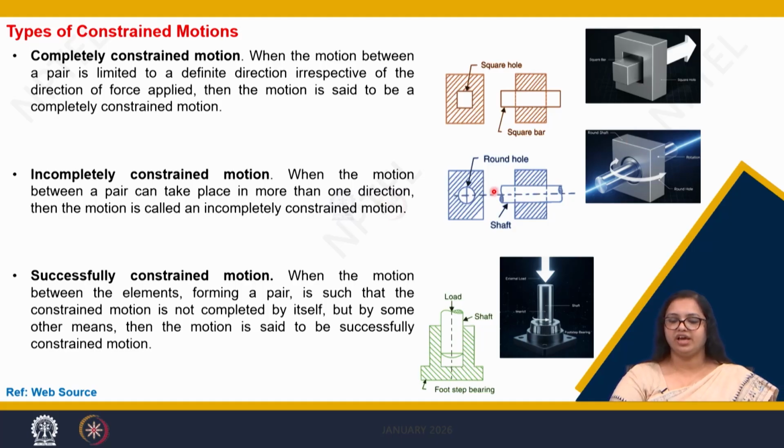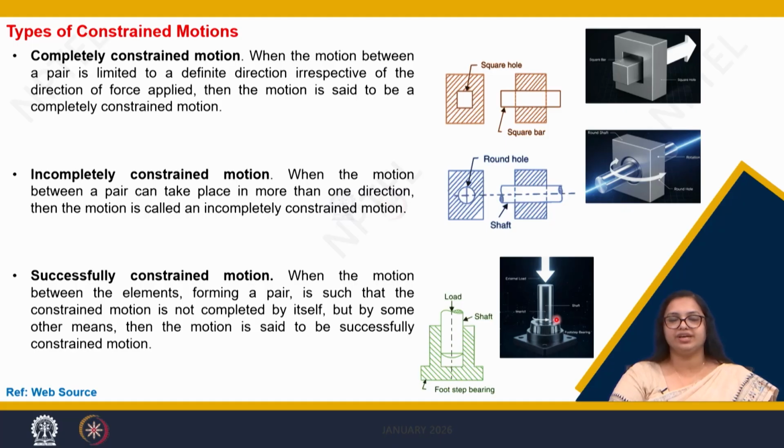However, when we have a round shaft and a round hole, and they are mated together, the shaft can move forward and backward, and it can also rotate inside the round hole. Such a kinematic pair we call incompletely constrained motion.